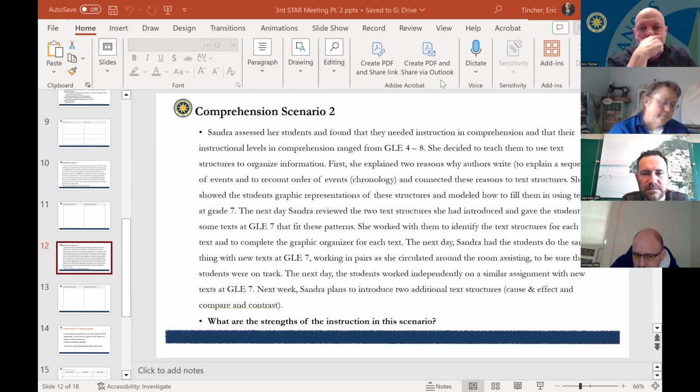Okay. What do you think are some of the weaknesses of the instruction, not structure?